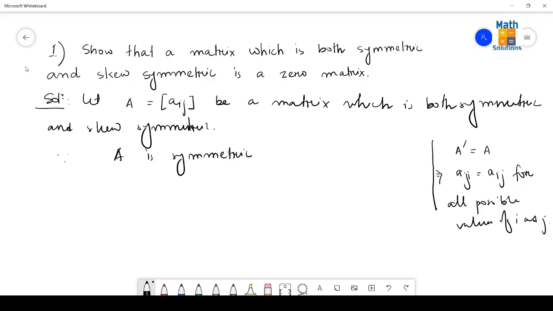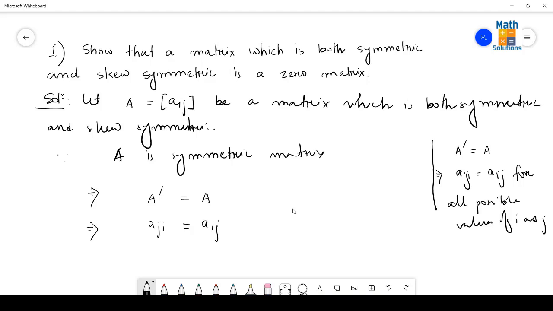Since matrix A is symmetric, this will imply A dash is equal to A. That again implies AJI is equal to AIJ.